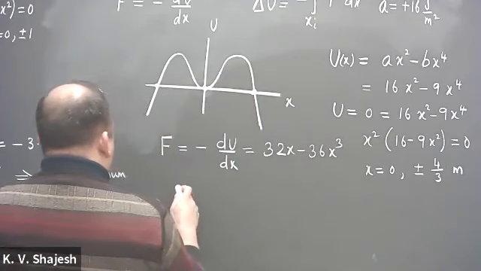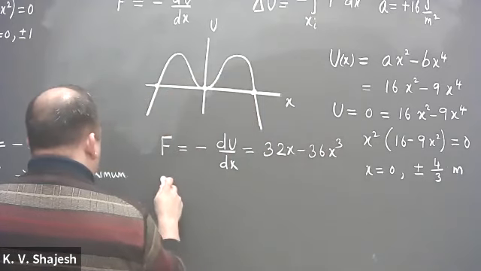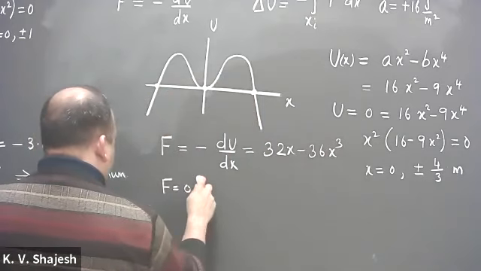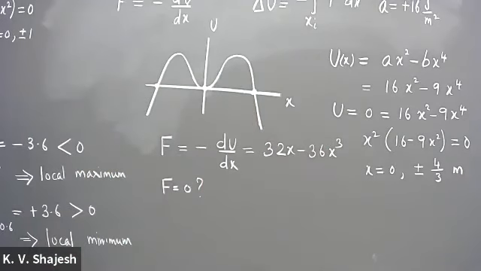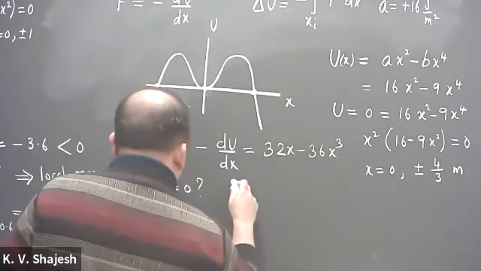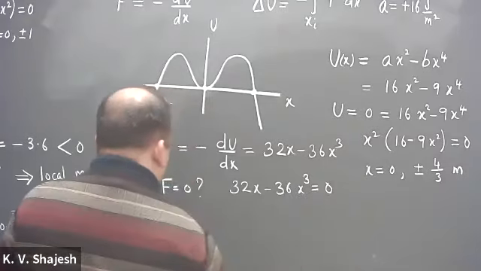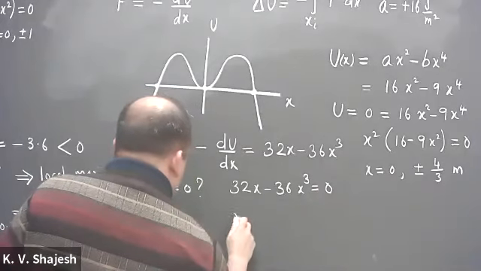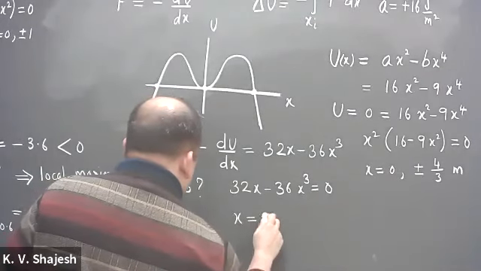So if I were to ask when is force equal to 0, so at what point is the force equal to 0, I would set 32x minus 36x cubed equal to 0. So x equal to 0 is a solution.